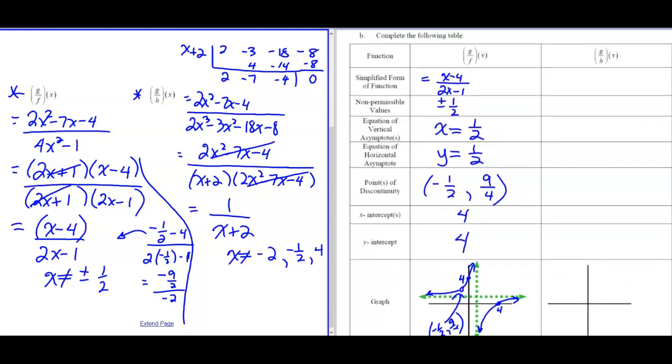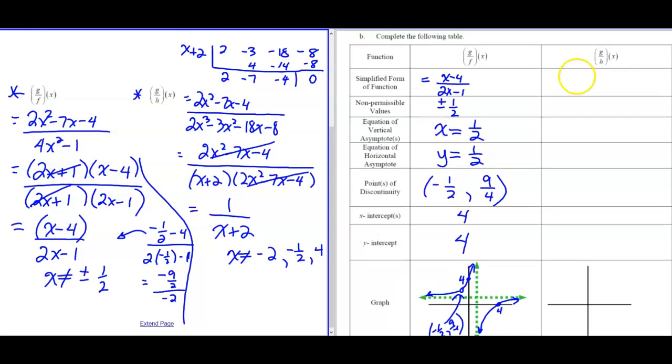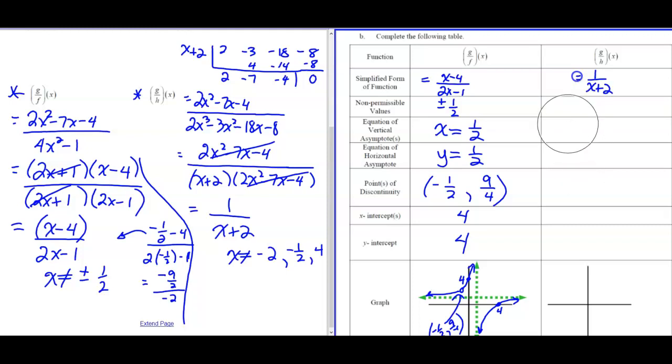Okay, so filling in my chart here, it simplifies to 1 over x plus 2. Non-permissible values, so we might not show it because we list them.